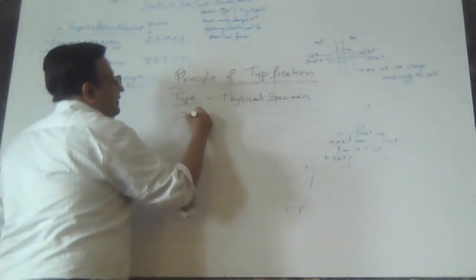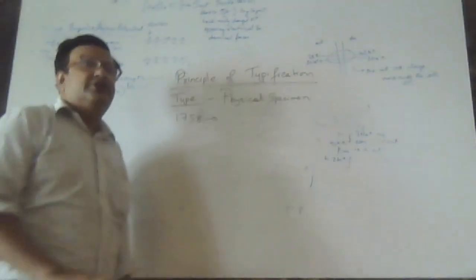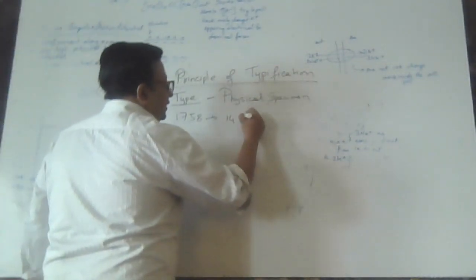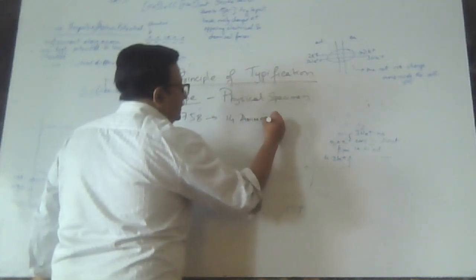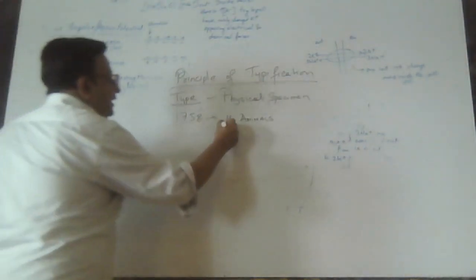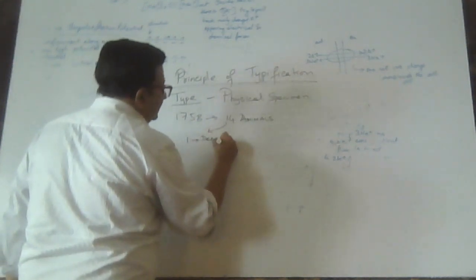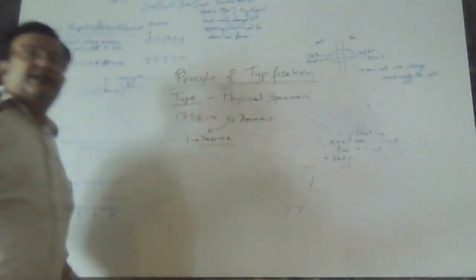So originally, say in the year 1758, a scientist, the founder of the dog, say it's a hypothetical example, collected 14 dogs, 14 animals. Out of that, one was used to describe the species in the publication.